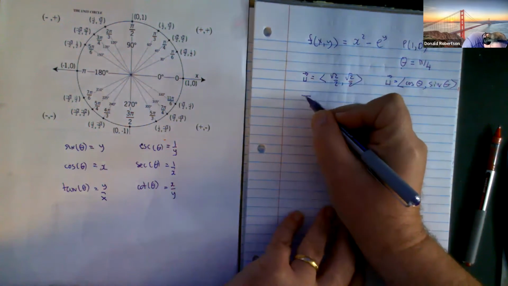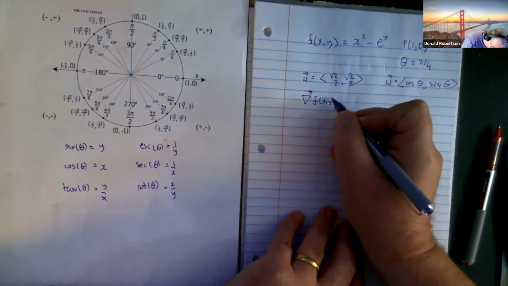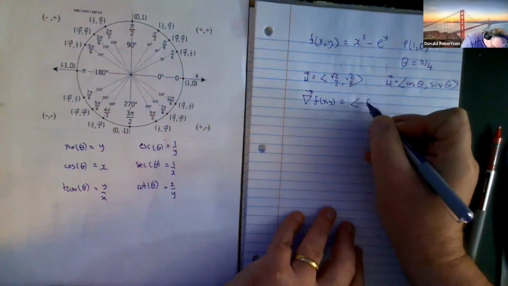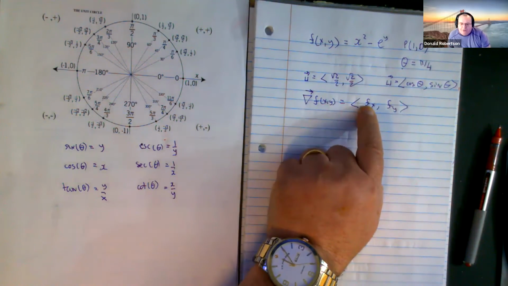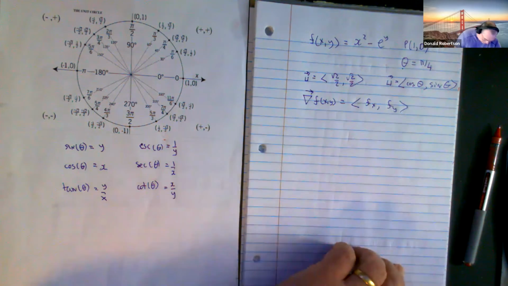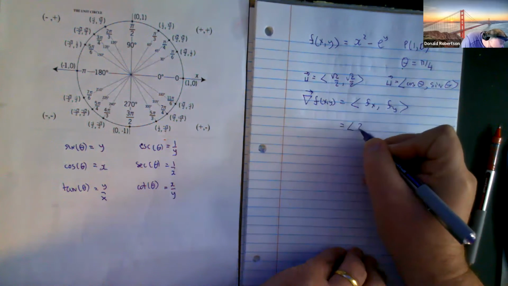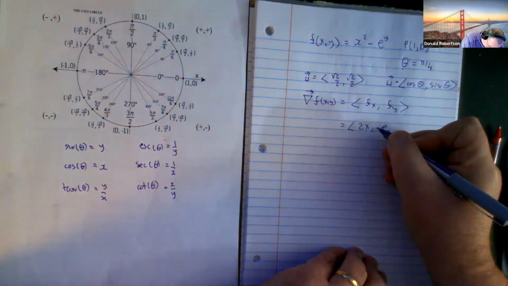The next thing that we do is we find the gradient vector. The x component is the derivative with respect to x, and the y component is the derivative with respect to y. In this case, it's 2x and negative e to the y.